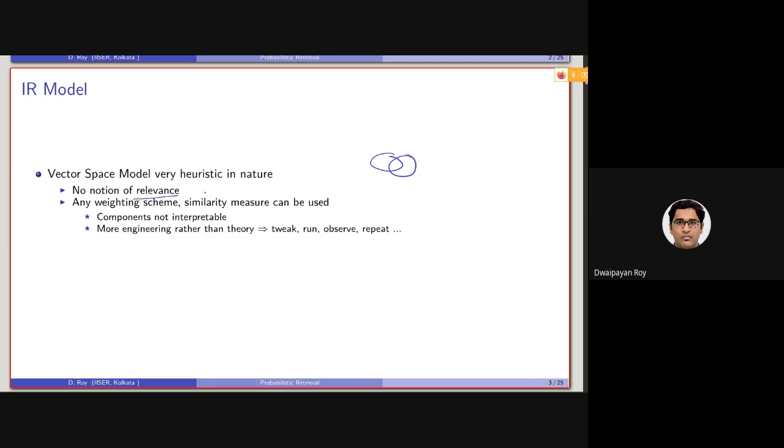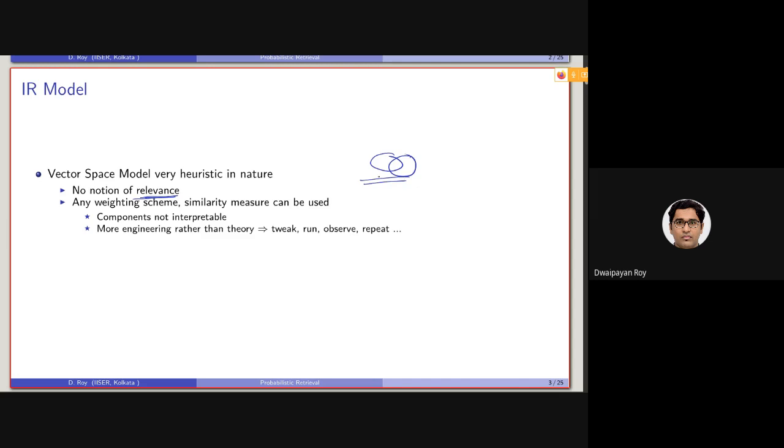At this point, let me tell you this: except for certain recent models, all the presently available retrieval models are based on this assumption. But still, in the probabilistic model, we want to put some notion of relevance into the actual retrieval model. But again, most of the retrieval models presently, or all the retrieval models that we will be discussing in this course, are based on this.